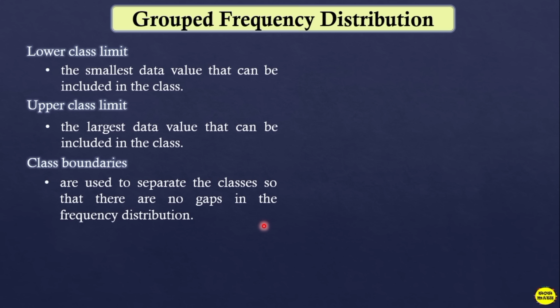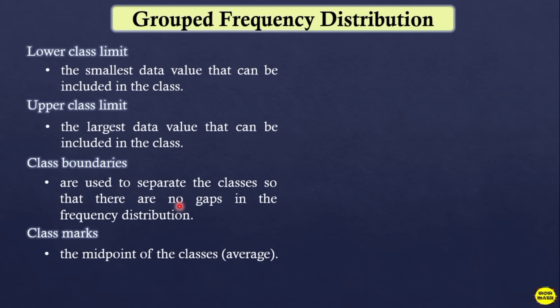So ito makikita ninyo ito ng mas malinaw pagdating sa ating types of graphs. Makikita ninyo na yung class boundaries ang dahilan kung bakit ang graph natin magkakadikit. Okay? And then our class marks, this is the midpoint of the classes, or simply kinukuha natin dito yung average.